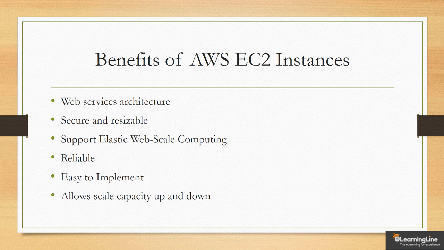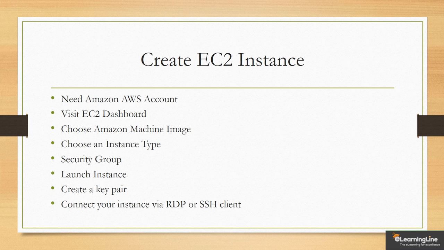Okay. Now let's take a look at how to implement a sample EC2 instance. So today that's what we will do. We will log in to the Amazon console and we will create a sample EC2 instance over there. Okay. Let's look at the few points that are required to complete this task.